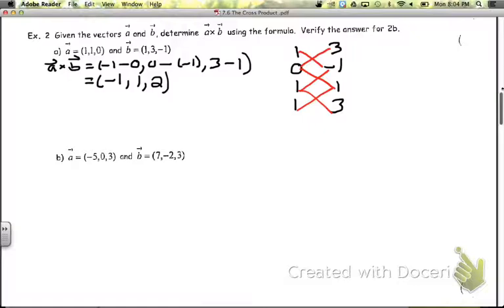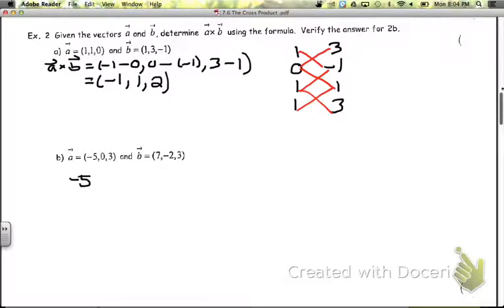So let's look at our next example here. When we're looking at our next example, what we have is our vectors A and B. So negative 5, 0, 3 for A, and B is 7, negative 2, 3. So starting at our 0, or what you could really do is you could write out the vector twice. So I can show it that way as well.